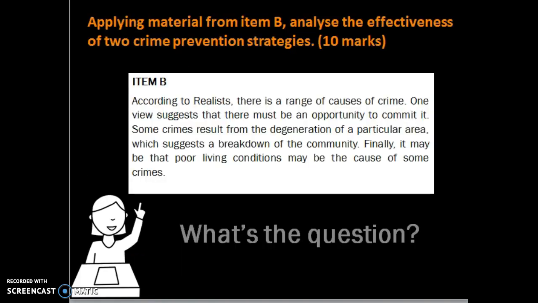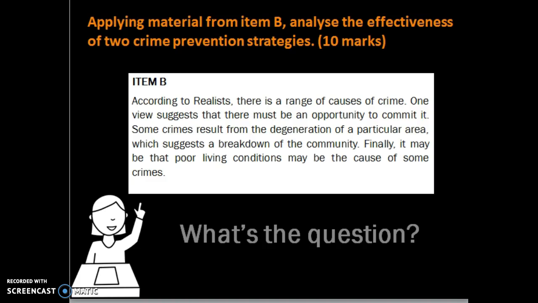So what question are we actually looking at? We've got this one right here. It is a crime question, a 10-marker, applying material from the item, on the effectiveness of two crime prevention strategies. It gives you a bit of an item and a few hooks to look at. If you dig into this item, it gives you the hook about the realists, and it gives you three hooks you can refer to.